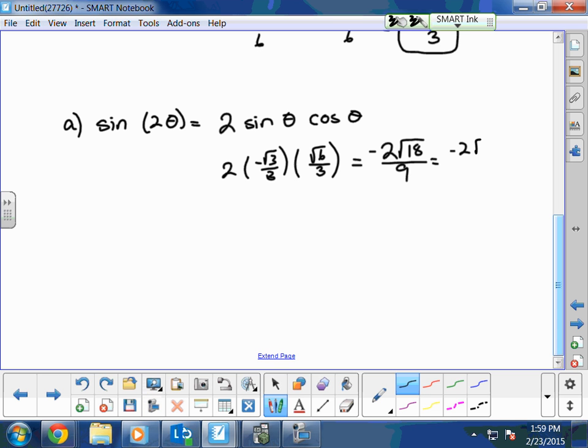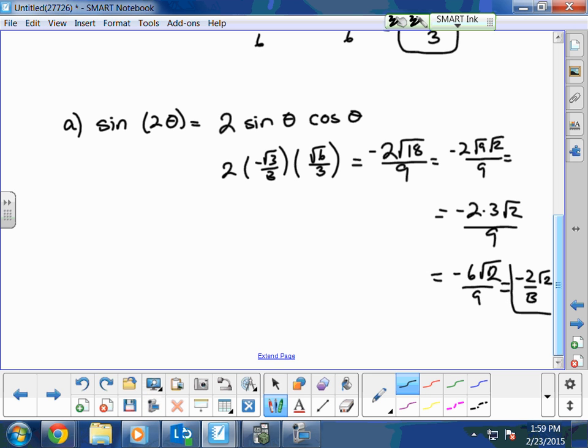This is going to become the square root of 9 times the square root of 2 over 9, which is going to make negative 2 times 3 over the square root of 2 over 9, which means that you'll have negative 6 over square root of 2 over 9, which means that this all reduces to negative 2 over 3 square root of 2. And this will be your answer. This is your most reduced form answer. Now, if you provided this, that's actually pretty good. You went pretty far.